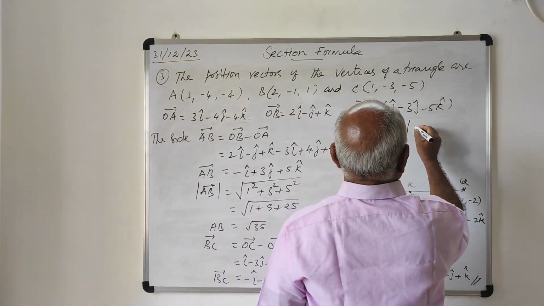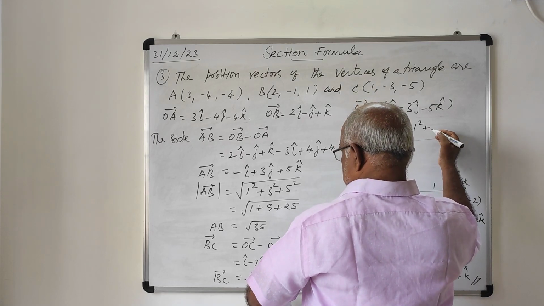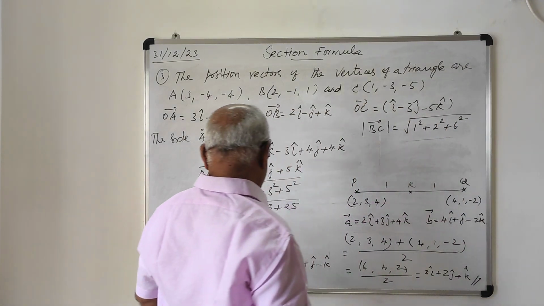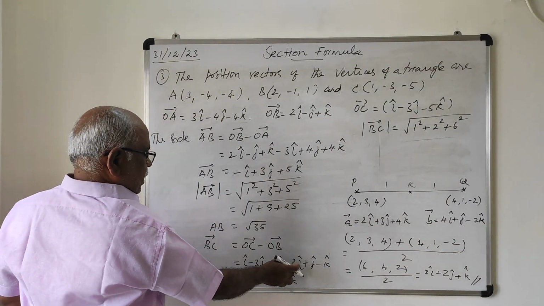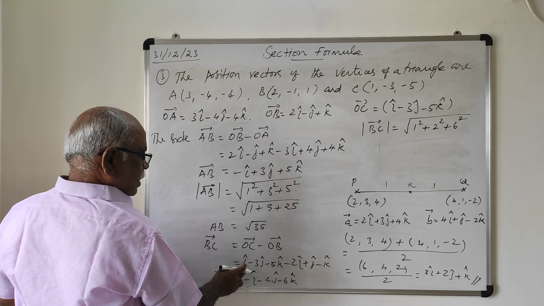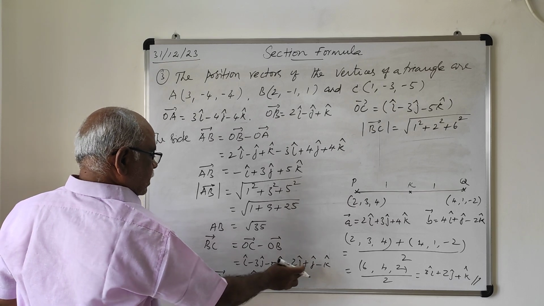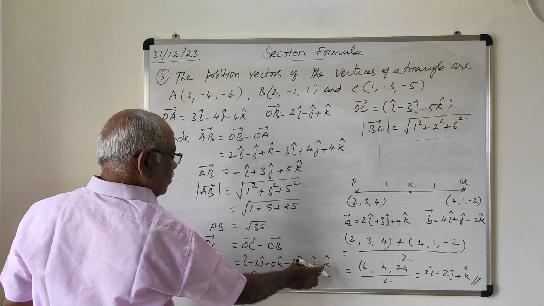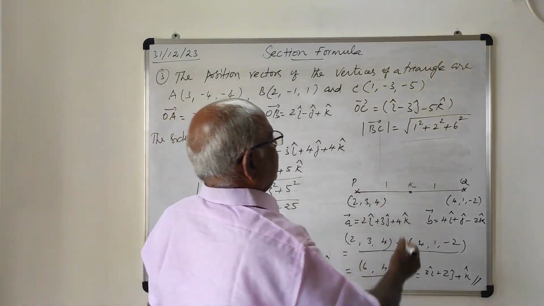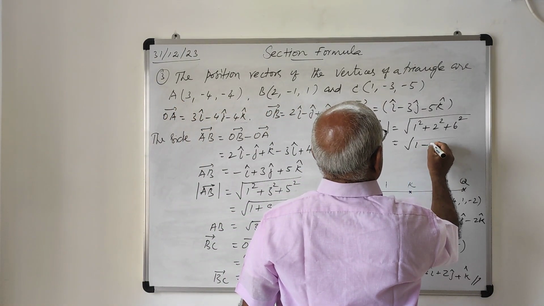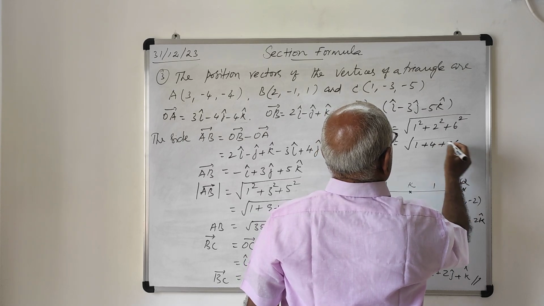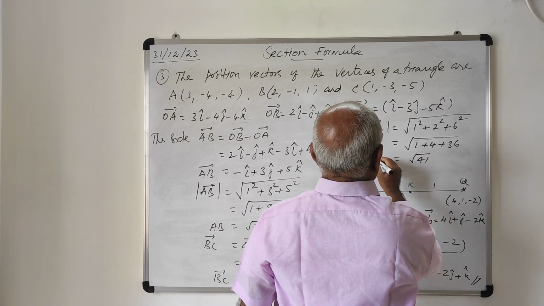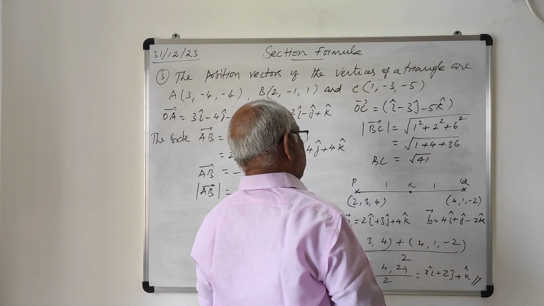Even though the sign is minus, on squaring it becomes plus: 1 plus 4 plus 36 is 41. So square root of 41. This is your distance BC.